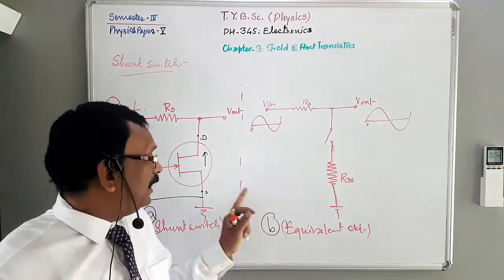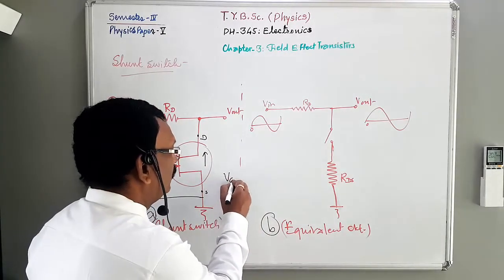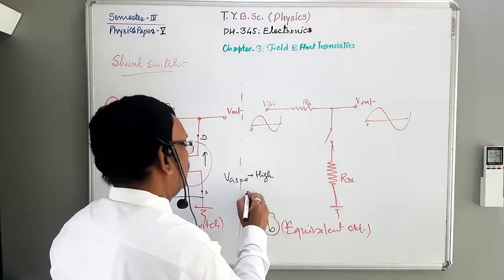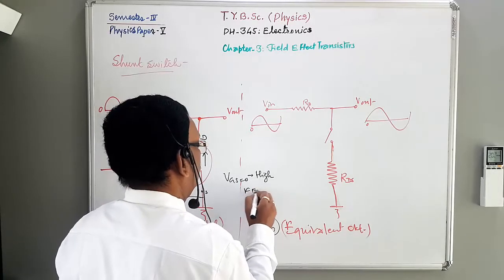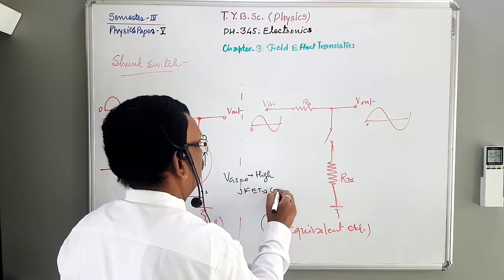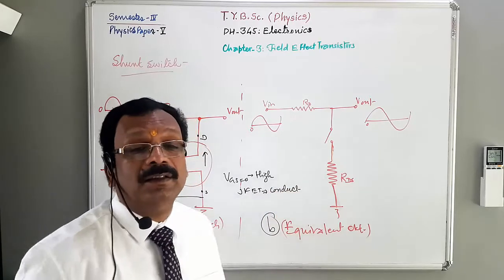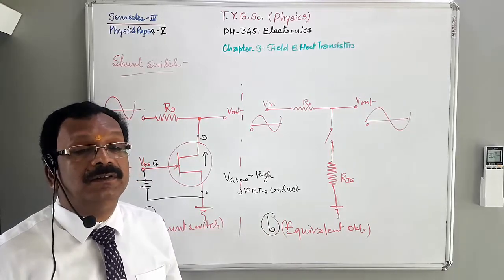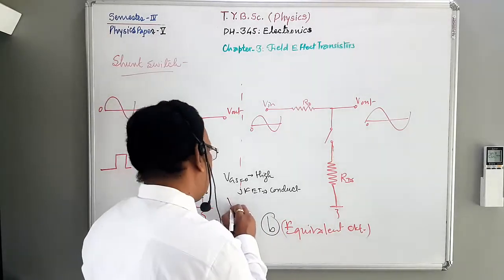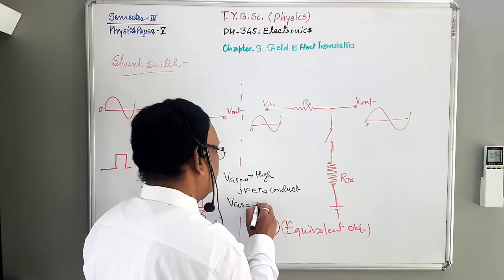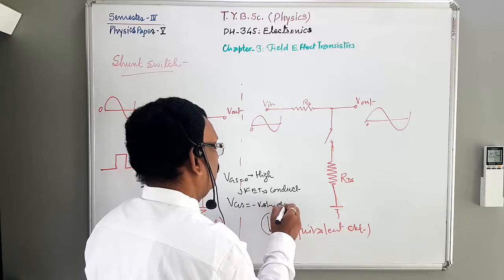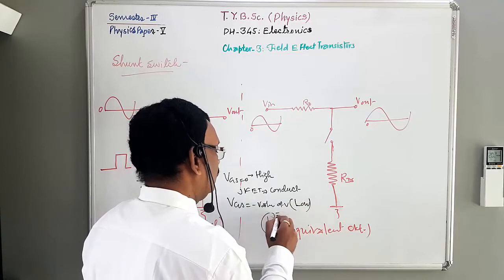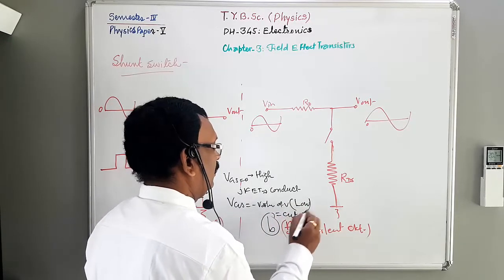When VGS is 0, that is high, the JFET conducts, and the JFET operates in the ohmic region. And when VGS is low, that is a minus value, then the JFET is in the cutoff region, or switched off.